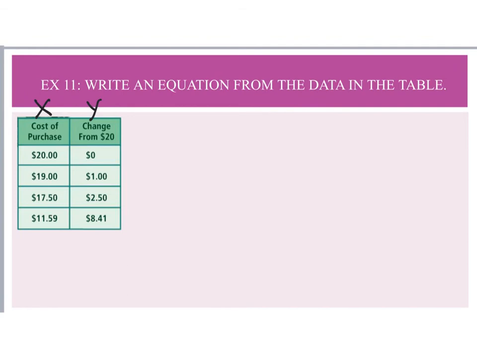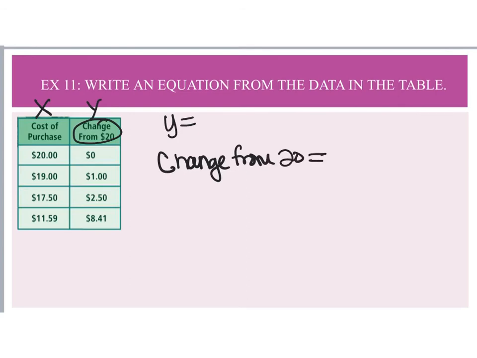So when you're given a table like this, typically the table is going to be in some form of y equals something. So when I go to set up my equation, I know that my equation is really going to be my y stuff, which my y variables or values we set is the change from a 20. So I'm going to put change from a 20 is equal to, and if we look at our x values, it looks like we're starting out with $20 and we're subtracting the cost of our purchase.